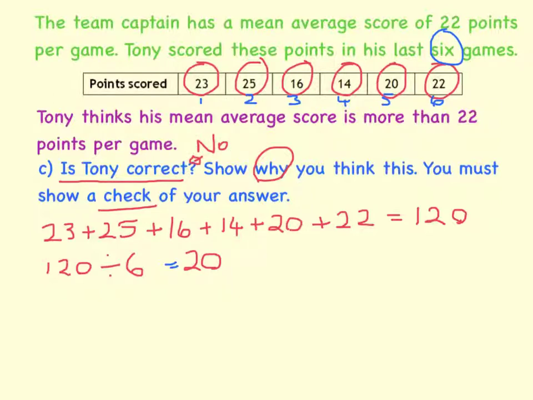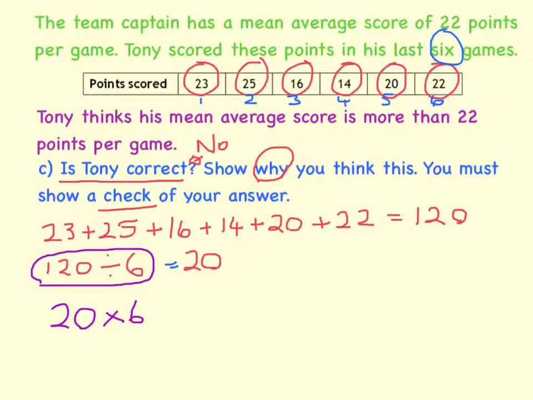Now what we need to do is show a check of our answer. The simplest way to check is to multiply 20 by 6. You don't need to look for anything complex or complicated. We've divided 120 by 6 here.